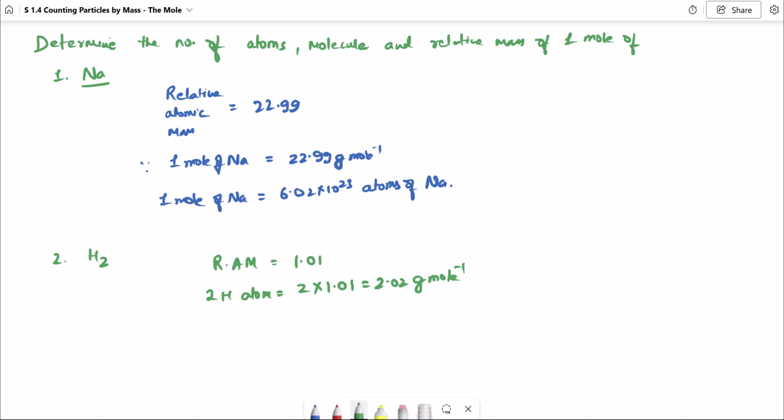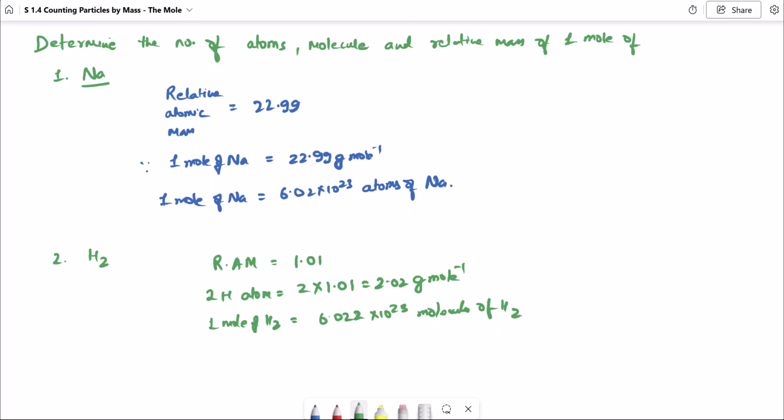And 1 mole of hydrogen contains 6.022 into 10 to the power 23 molecules of hydrogen.